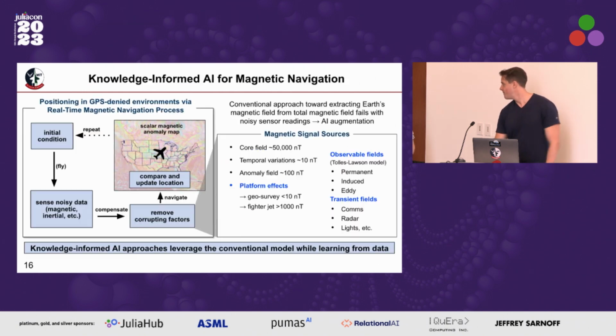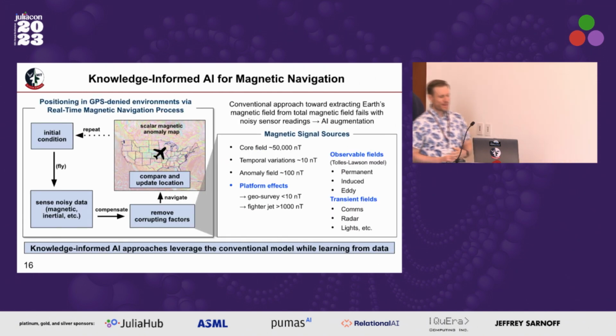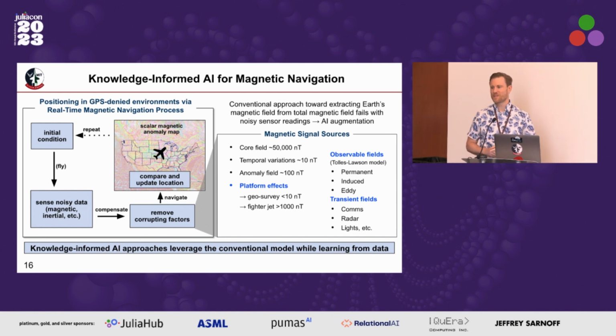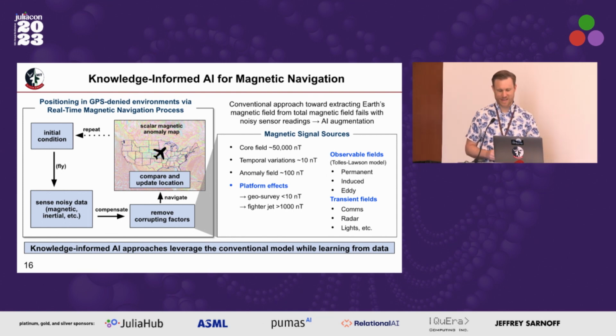All right, Alan. Okay. And now onto the knowledge-informed part of the talk. What's interesting about this data set and the package is that when you go get it, there's this wonderful machine learning problem that you can go try to tackle. This is sort of a remix of one of Albert's earlier slides. The thing to note here is we have this mathematical model that we sort of know and understand.